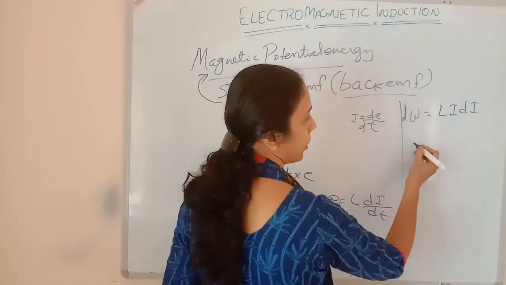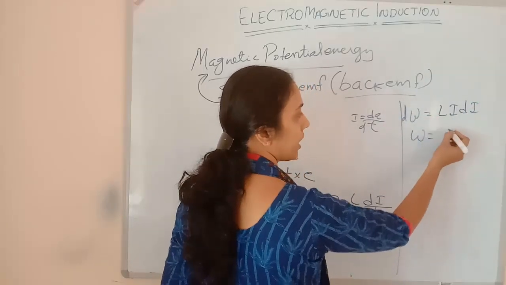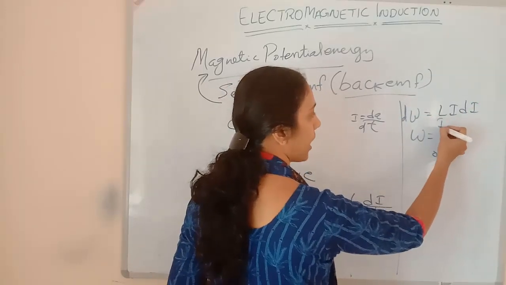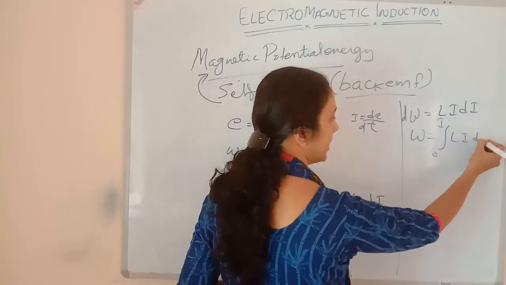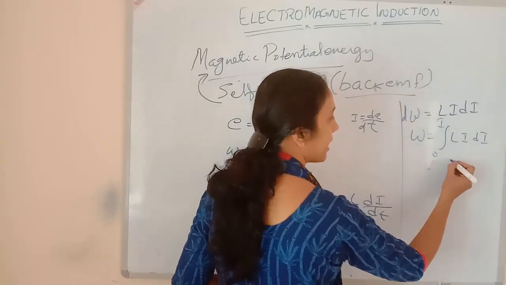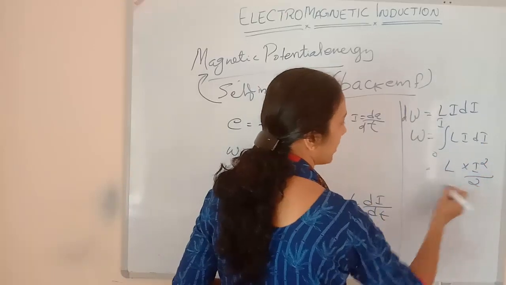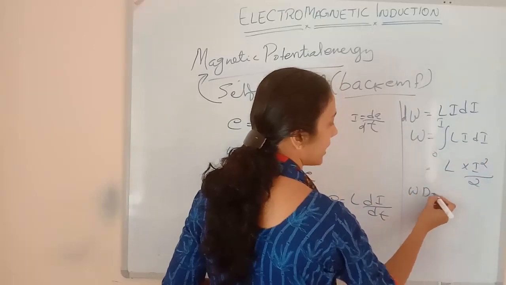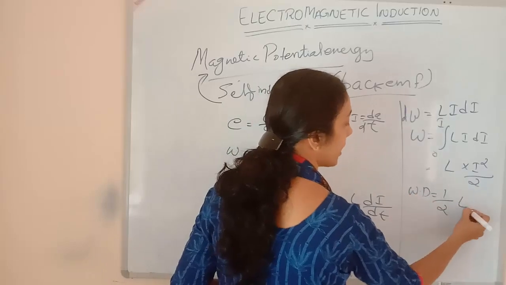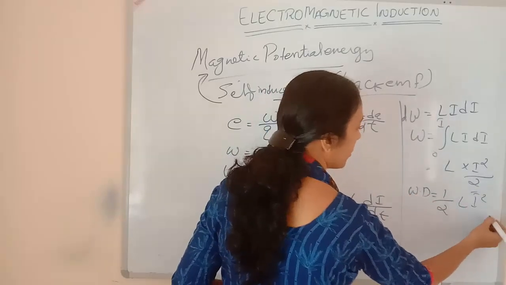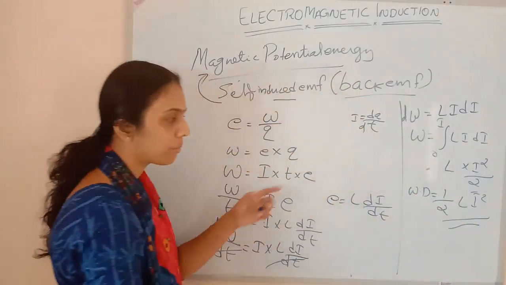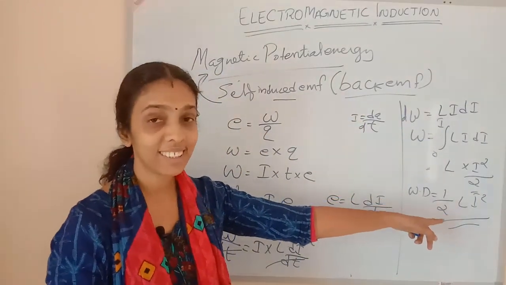That is dw. How can we find out the total work done? Integral 0 to I of L I di. What is the integral of I di? I square by 2. That is work done, we are getting half L I square. Are you remembering half m v square, kinetic energy?